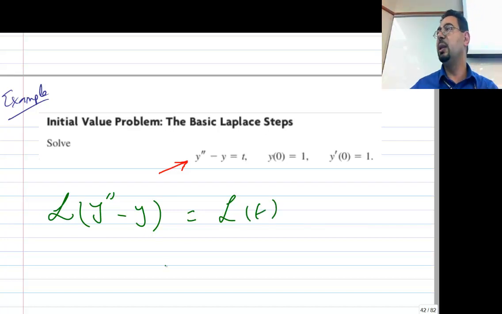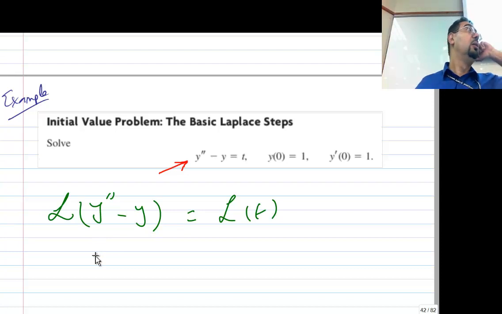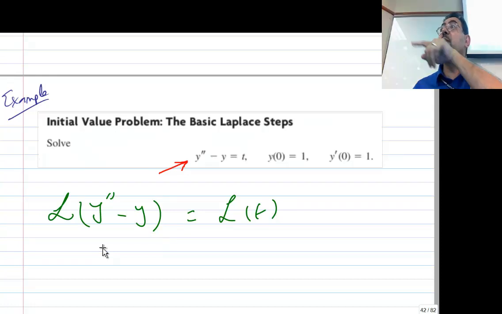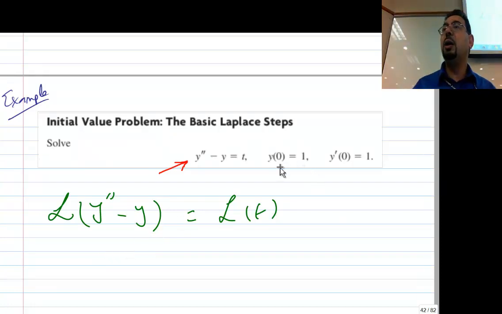Laplace of both sides. So what's the Laplace of the second derivative? s squared f of s minus s f of 0, minus f prime of 0. And that's why we give you the two initial values.